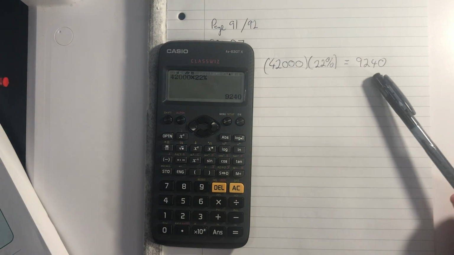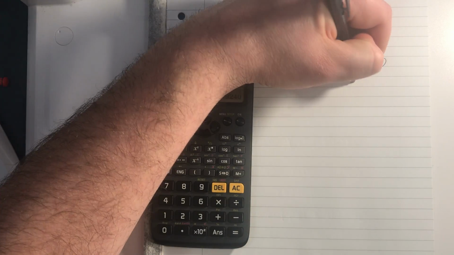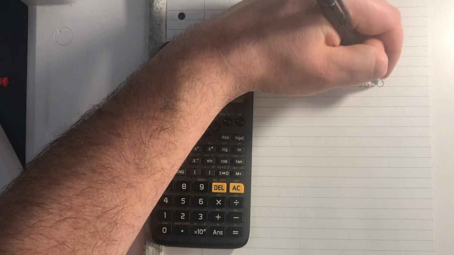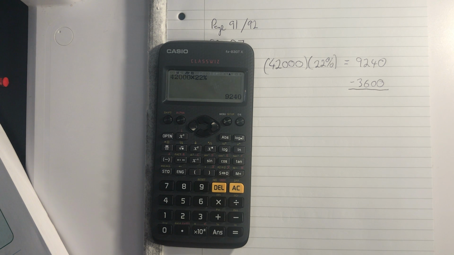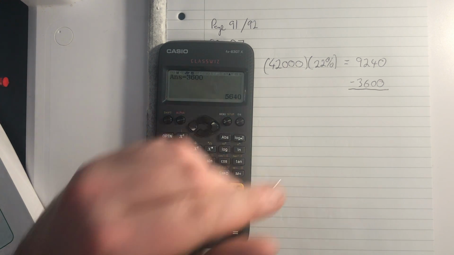That's the amount of money the government wants to take off her. But they know that if they take all that money off her, she will never vote for them again. So they give her these things called tax credits, and tax credits reduce the amount of tax you would otherwise have to pay. So it's 9240 minus 3600, which is 5640.